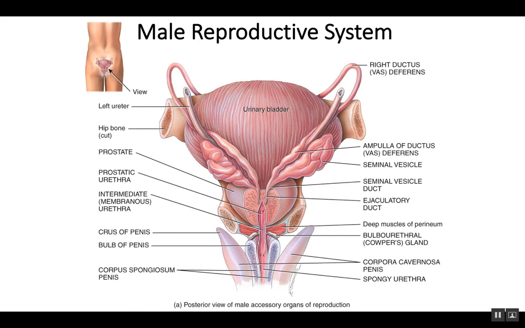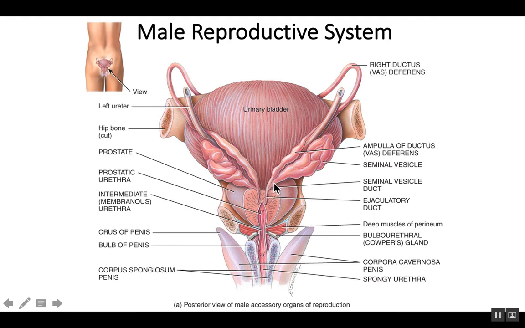This drawing helps just visualize some of these ducts and glands looking posteriorly. So this is a posterior view of the bladder. We see the seminal vesicles in the back of the bladder. We see the two vas deferens coming around from the front, becoming larger here at the ampulla.